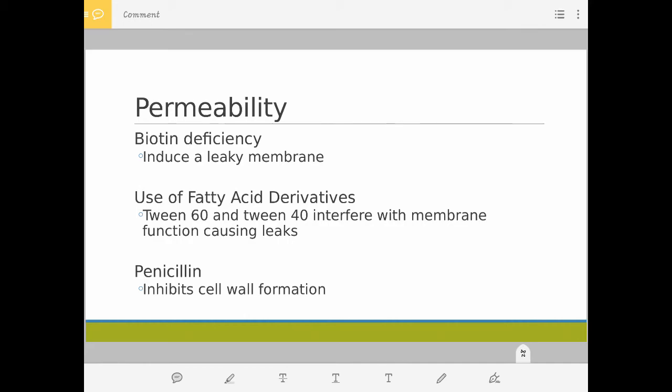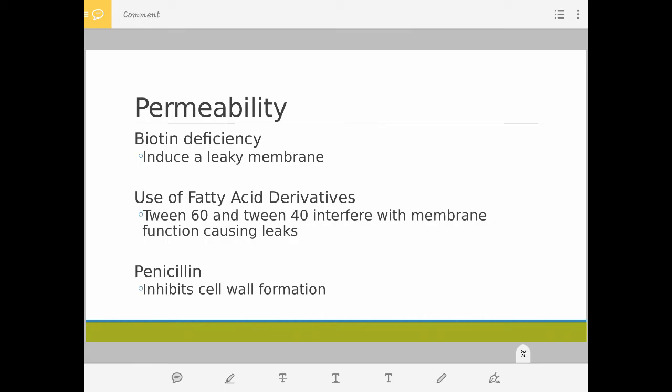Another one is to change the permeability of membranes, for example making it leaky using biotin deficiency. Biotin deficiency produces a leaky membrane, so your substrates can enter the cell more easily. Therefore, your organism can easily process it.